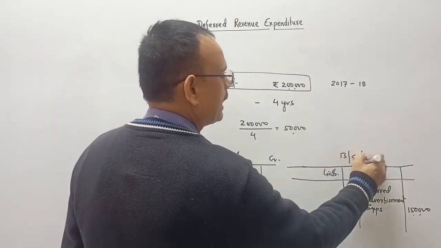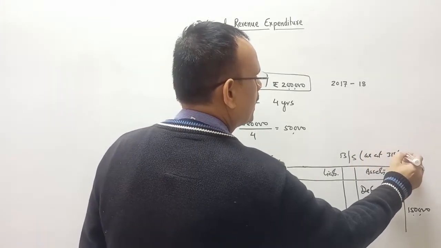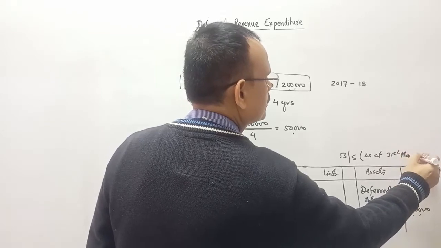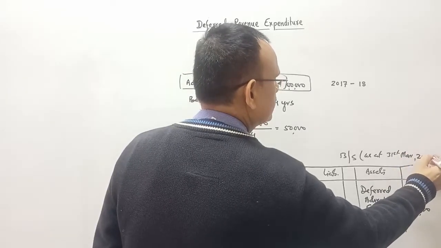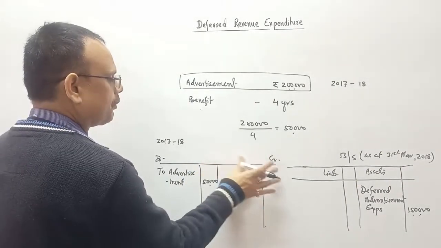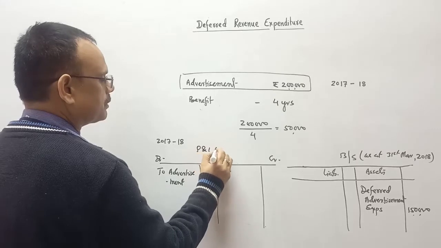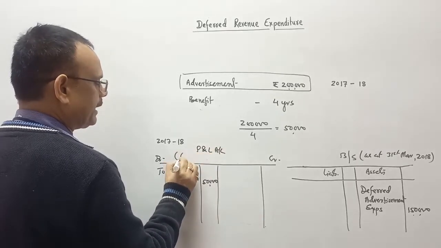Balance sheet as at 31st March 2018. Okay, and this is the profit and loss account for the year ended 31st March 2018.